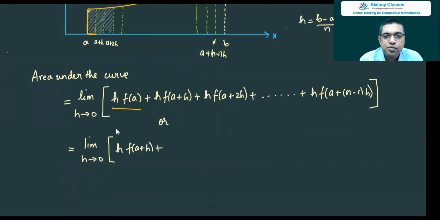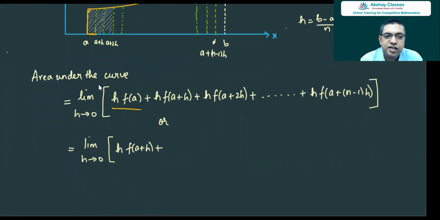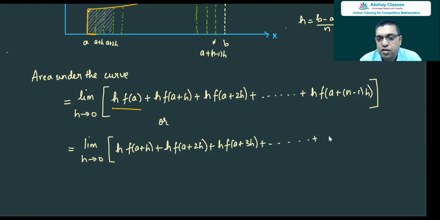We can get the same by using the right side of the subinterval. When you use the right end of the subinterval, you get h times f of a plus h, plus h times f of a plus 2h, plus h times f of a plus 3h, up to h times f of a plus nh. This is area under the curve as h tends to 0 or n tends to infinity. It's one and the same.